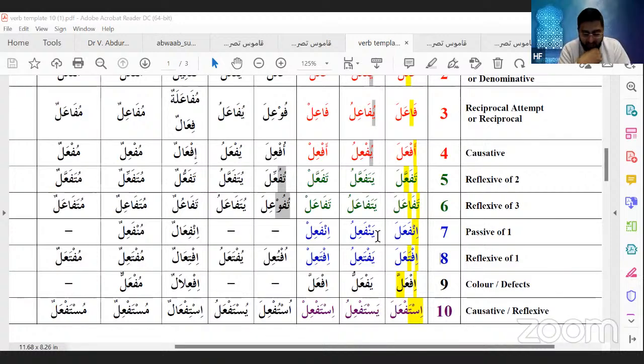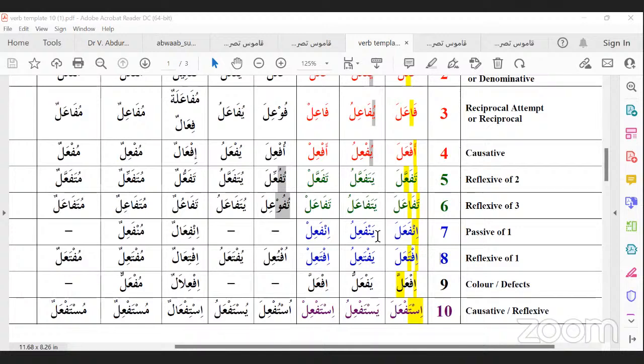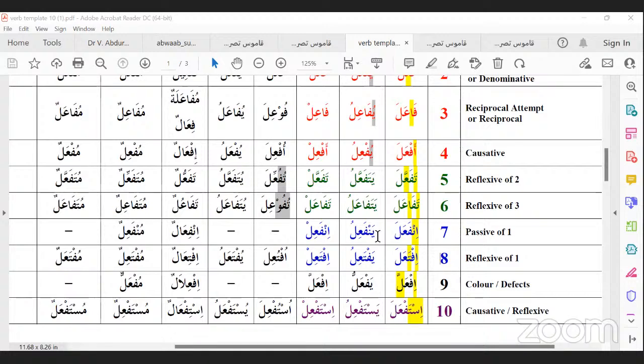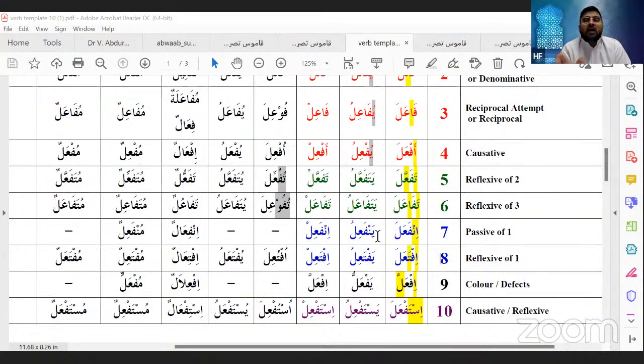Yankasirna. Excellent. Anta tankasiru, antuma tankasirani, antum tankasiruna. No, tankasirtum is the past tense. We're doing present tense.